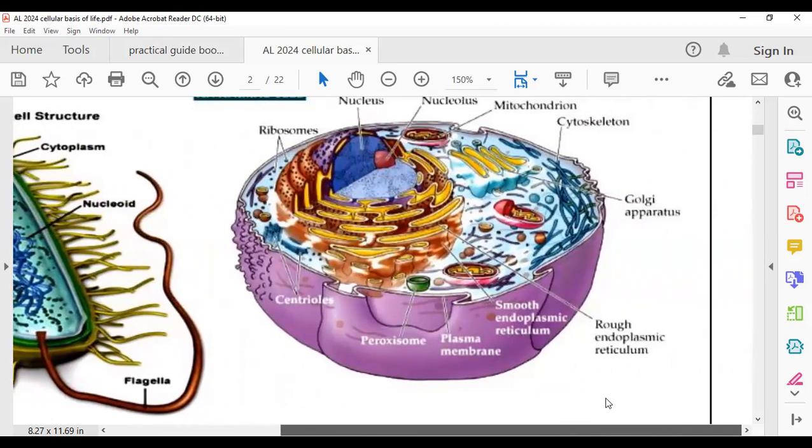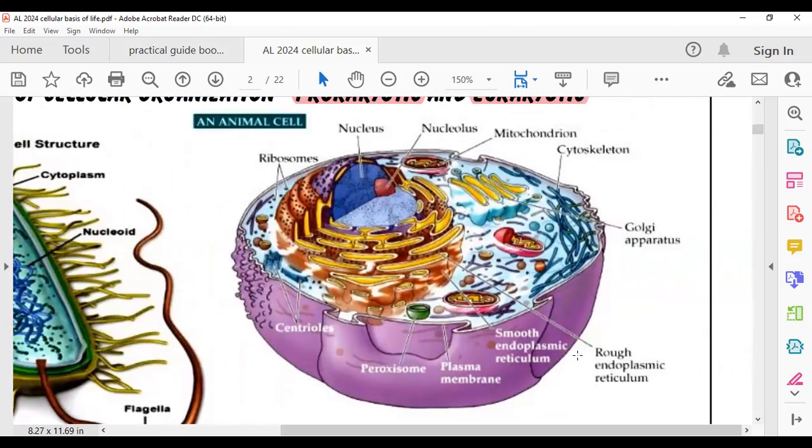Here, what do you have? Just read it. Ribosomes, nucleus, nucleolus, mitochondria, cytoskeleton, Golgi apparatus, rough endoplasmic reticulum, smooth endoplasmic reticulum, plasma membrane, peroxisome, centrioles.